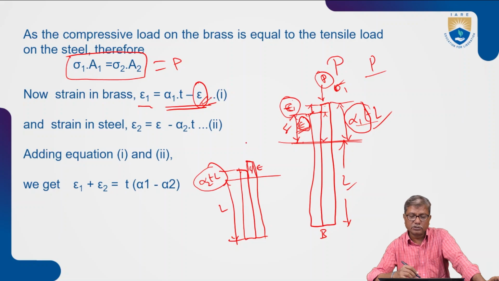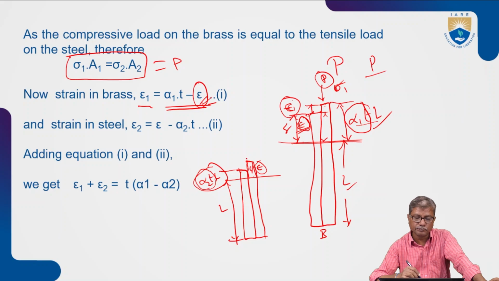So the final strain of steel bar is also epsilon and its free expansion is alpha 2 TL. That means strain is alpha 2 T.